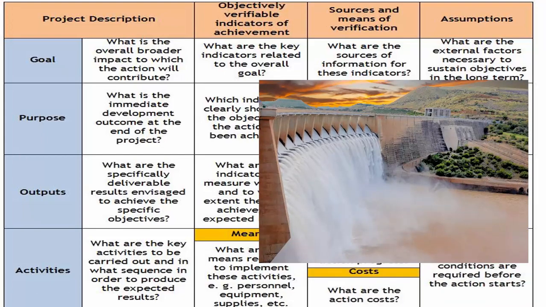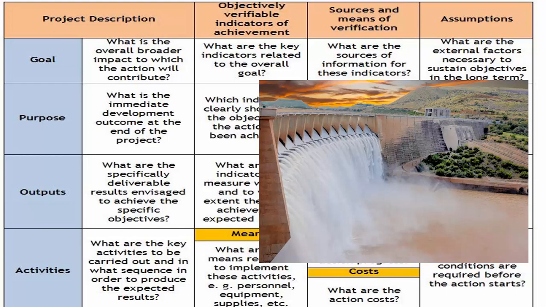The question we are trying to answer is, what do the activities we do in life translate to? In the dam that you see in front of you, think of the many activities that are implemented to construct the dam. You definitely need engineers to design the dam, and you need a construction team to do the dirty work. All the actions that lead to building the dam are known as activities.